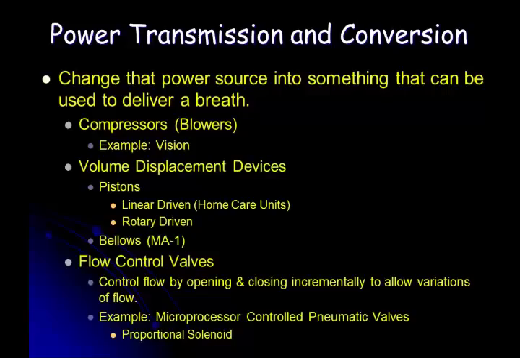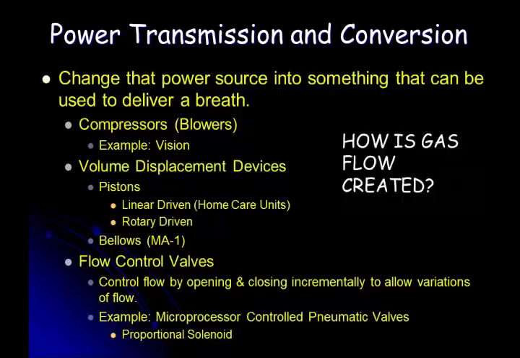When you push your doorbell, an electrical current causes a magnetic field change that causes a plunger to move forward and ding, hit some sort of mechanism to create a tone. It then releases back once the doorbell is no longer pushed. So that kind of a mechanism is what is used in our ventilators, and I'll explain a little bit more as we go through.